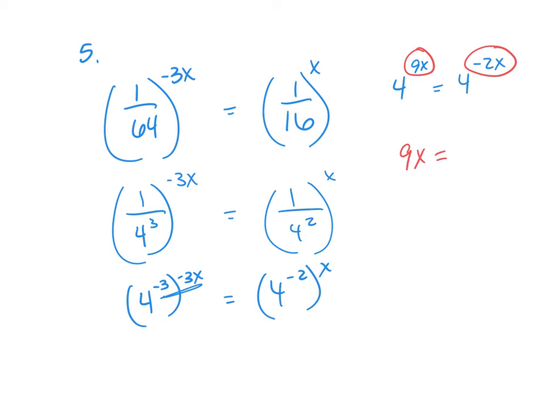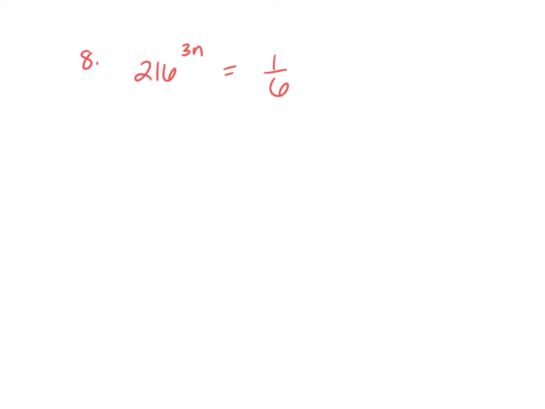So once you get to the same base, you can move in for the kill and make those equal to each other, okay? So now you have 11x equals 0 when you add 2x to both sides. So x equals 0.